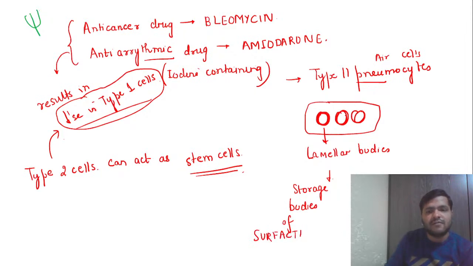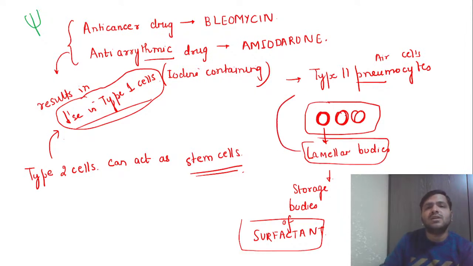And these lamellar bodies are only associated with type 2 pneumocytes.